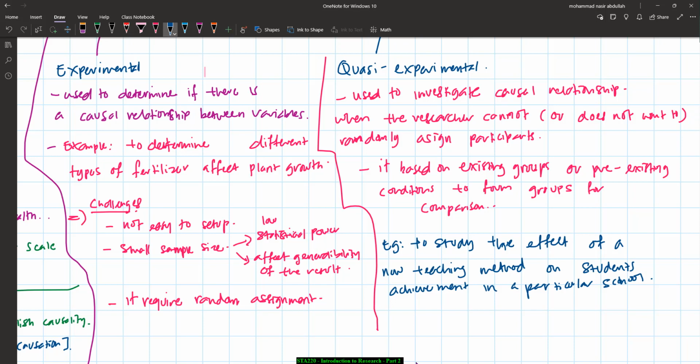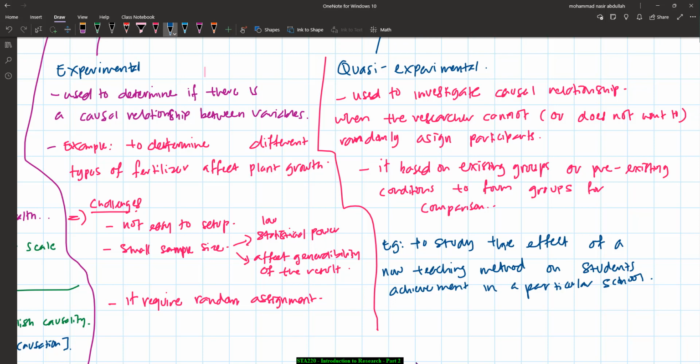So in this case, we don't have the ability to randomly assign student, because student is already enrolled to the class, right? And with different teaching method, means different teachers, right? In this case, we have to choose class that already use different teaching method.